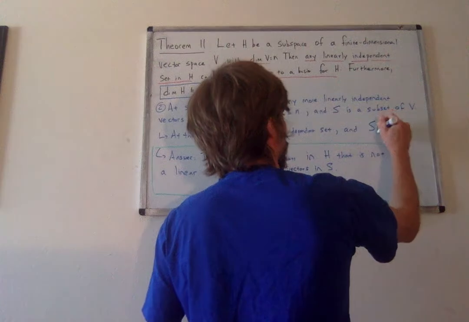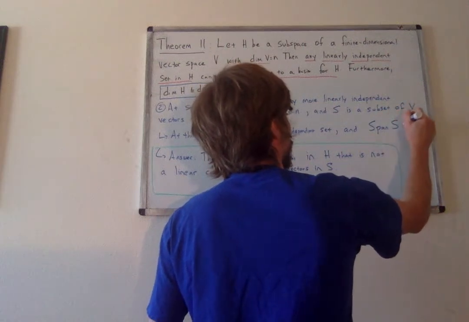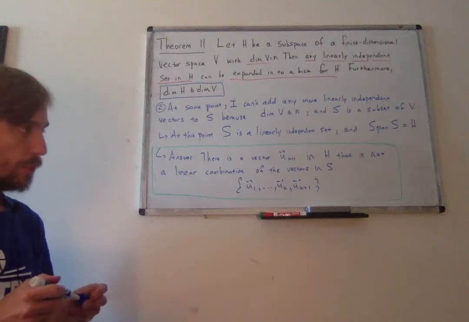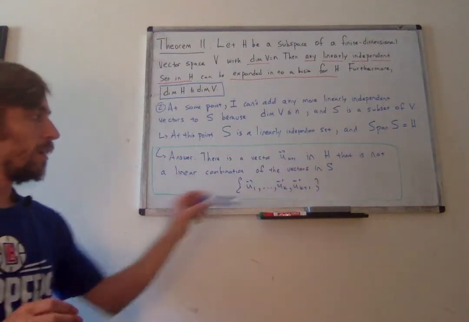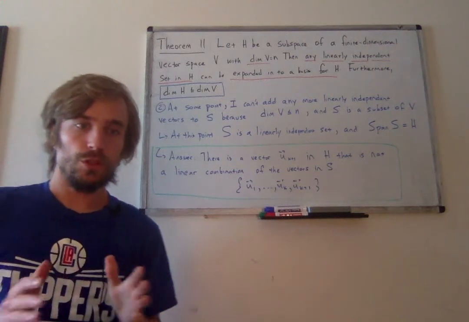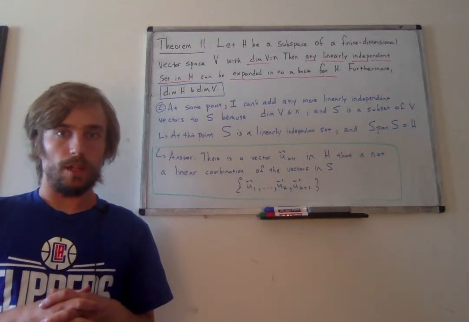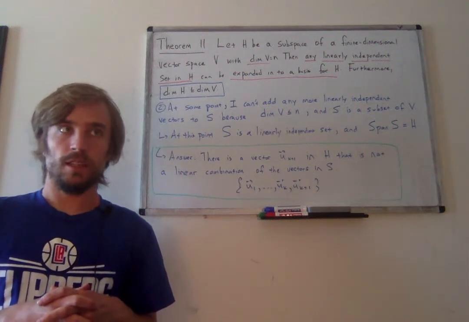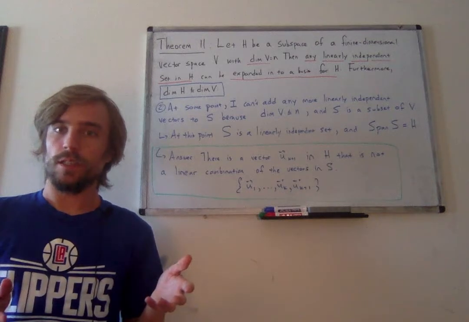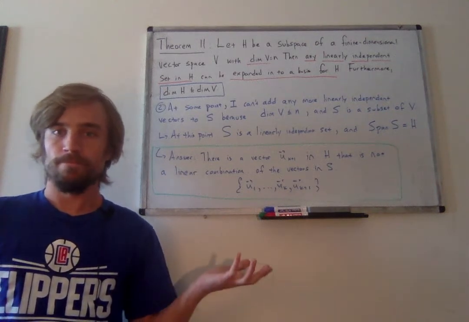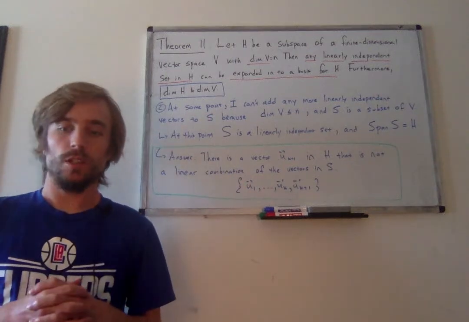Well, that means that every vector in H can be written as a linear combination of this new set, and so the span of S is equal to H. And so this proof was sort of the almost unnecessarily confusing mathematical way of saying, if you have a linearly independent set, just keep adding on to it until it becomes a basis. And that's what this theorem says we can do.